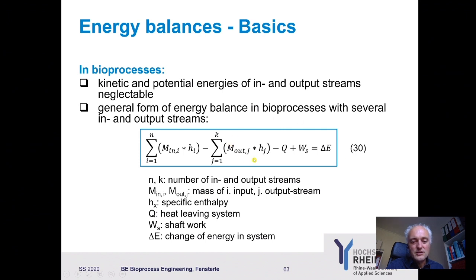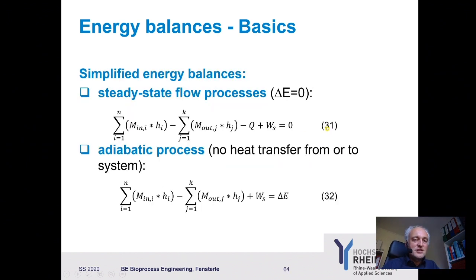So it's the mass out of your component J times the specific enthalpy of your component J. And this you just simply sum up. You simply need to look up or know the specific enthalpies or the enthalpy differences, as you'll see in a couple of seconds, and then you can calculate the change of energy in the system. That's, of course, general thermodynamics, not something which is only valid for bioprocess engineering.